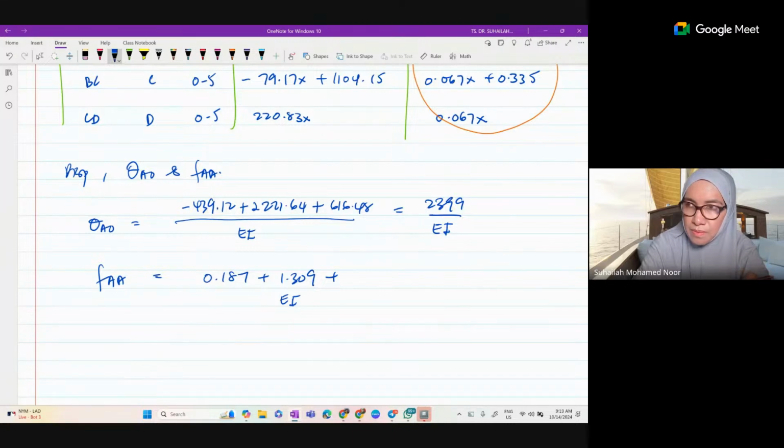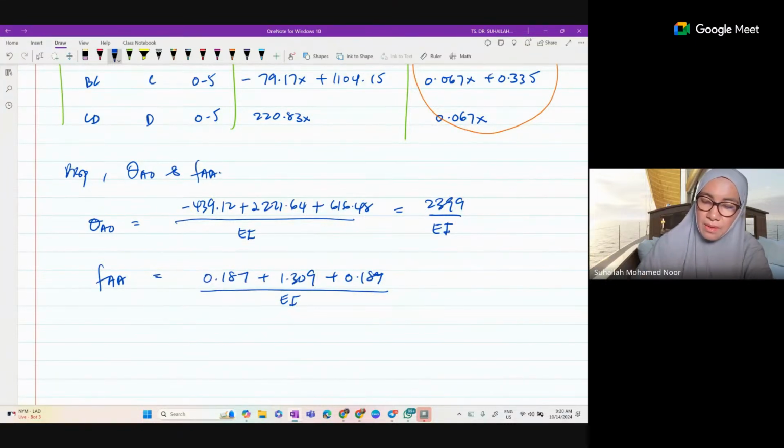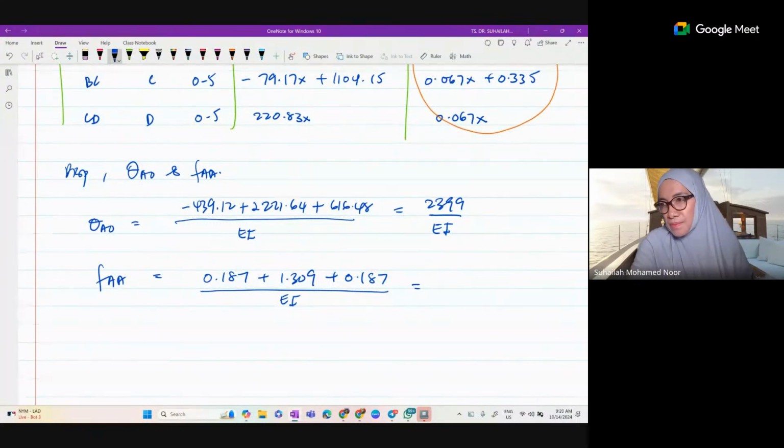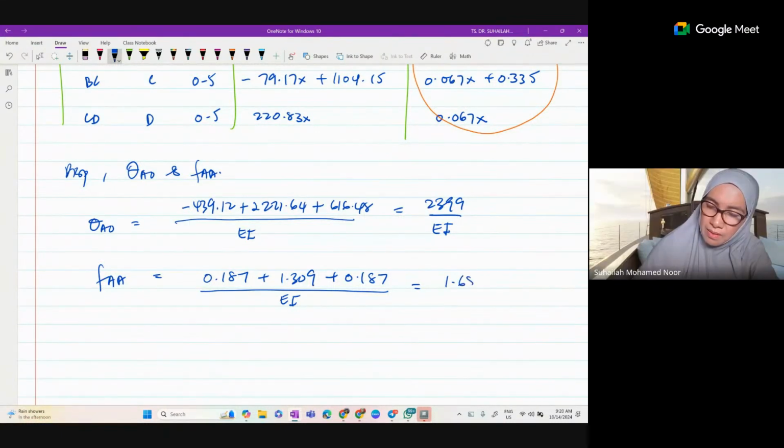Berapa? Sama dengan yang first, 0.187. Okay, total please. 1.683 over EI. Okay, now this is the displacement.